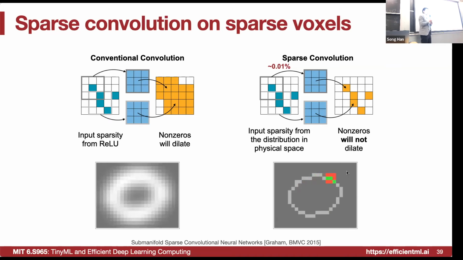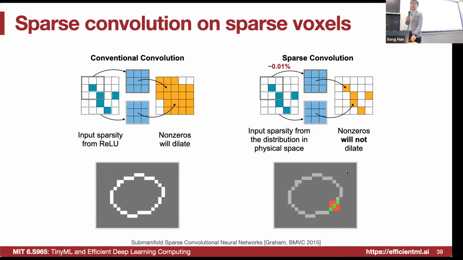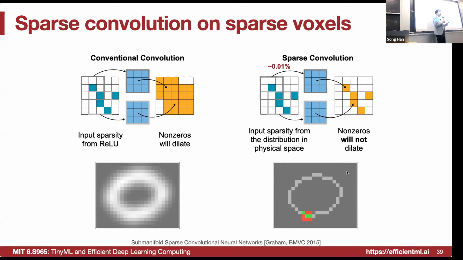So instead, people are using something called sparse convolution to do modeling on 3D point clouds. So what is a sparse convolution? The sparsity patterns of input and output are exactly the same. So no matter how many layers you have, we always have the same sparsity pattern and sparsity ratio.